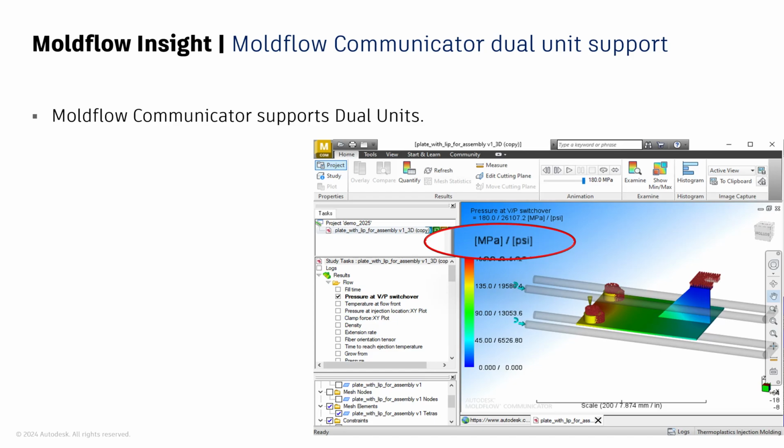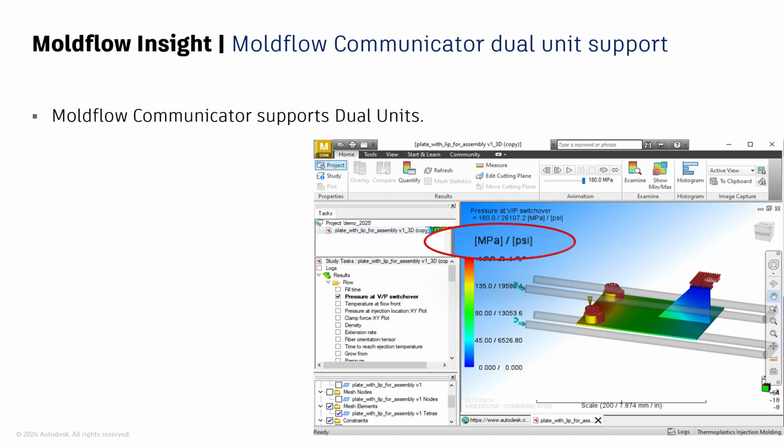I know that many users, or probably upcoming users, use Moldflow Communicator, or even share the data with vendors and colleagues. They often find it difficult when doing a comparison across geos.